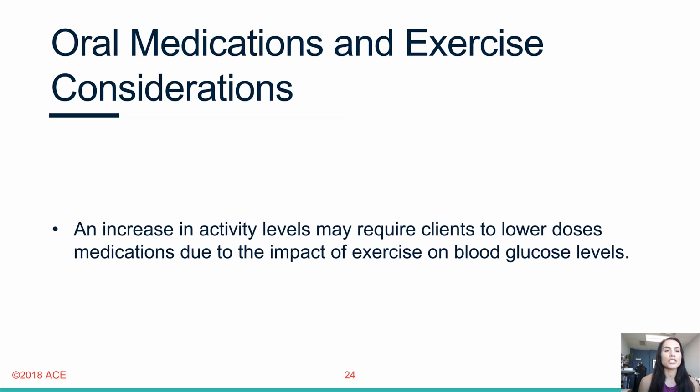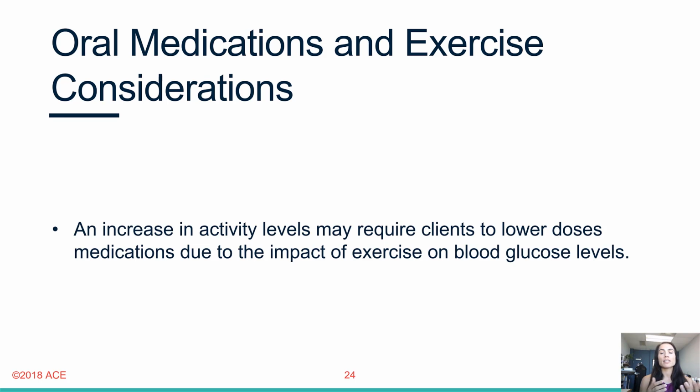So, some oral medications and exercise considerations. As someone continues to be more and more physically active, they might require lower doses of certain medications, including insulin, because of the impact that exercise has on blood glucose. When people are exercising, they utilize the glucose within their bloodstream or within their muscle, and that almost acts like an insulin effect.